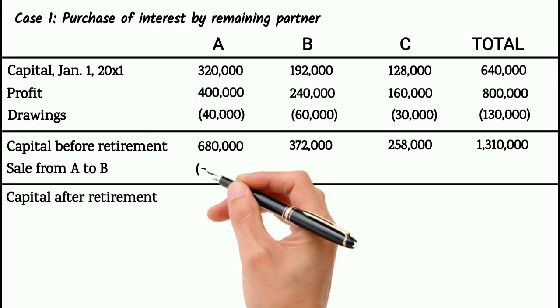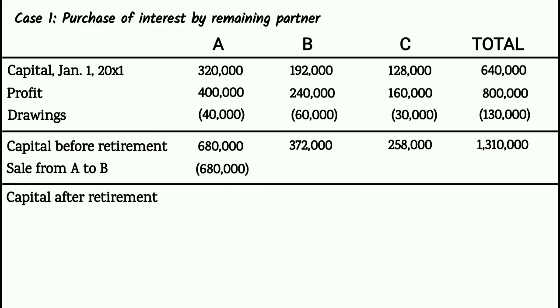Since binili ni partner B yung interest ni partner A, meron tayong sale from A to B. So, mababawasan ng 680,000 pesos sa capital ni A at madadagdagan naman ng 680,000 pesos sa capital ni B. Again, the sale from A to B is a personal transaction. Therefore, the total partnership capital is not affected by the sale from A to B. At this point, we can now compute the capital balances of the partners after retirement.